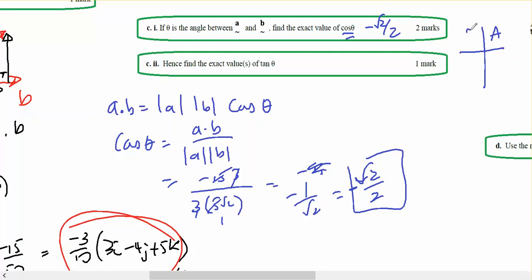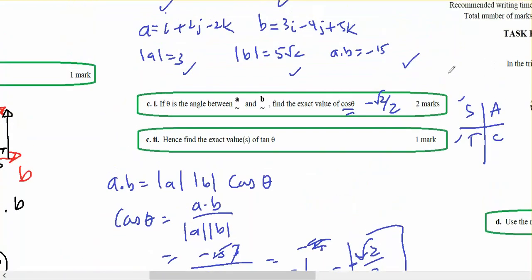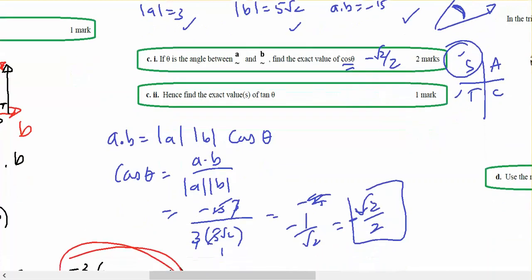These are the two quadrants that the cosine is negative. Since I'm looking at the angle between two vectors, I would take the smaller as being the answer, therefore quadrant 2.